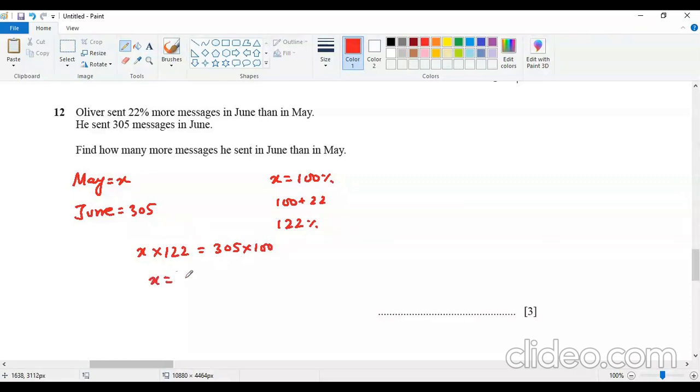Now finding the value of x, that means 305 times 100 divided by 122. Once these numbers are entered in the calculator, it's going to give you x equals 250. Now the messages sent in the month of June are 305. So 305 minus 250 is going to give you 55. That means 55 more messages were sent in the month of June.